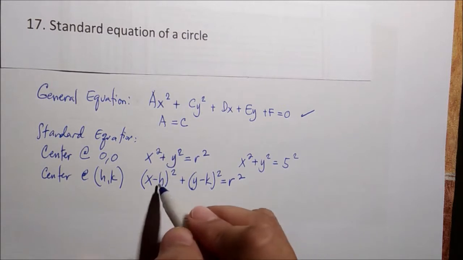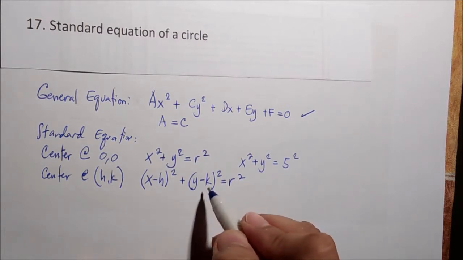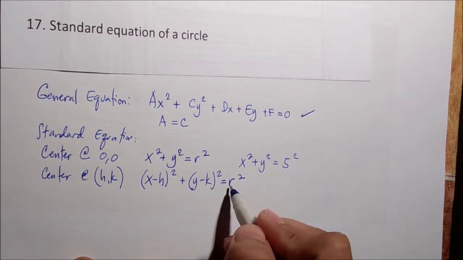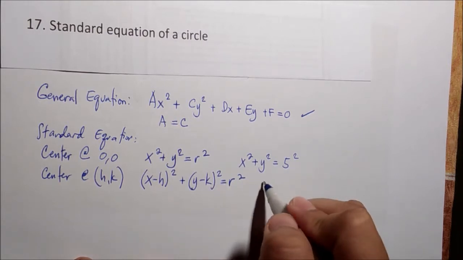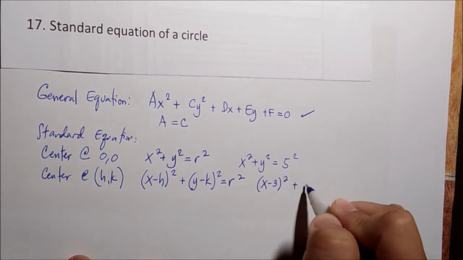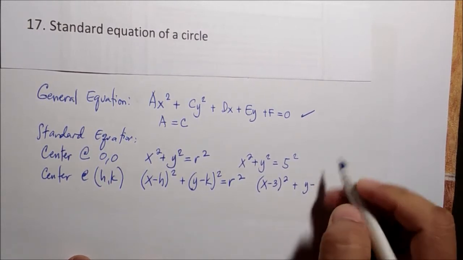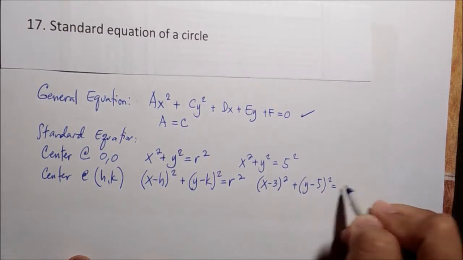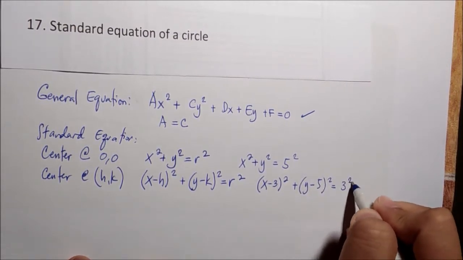From here, h, k is the center of the circle, r is the radius. Like for example, we have x minus 3 squared plus y minus 5 squared, that is equal to 3 squared.